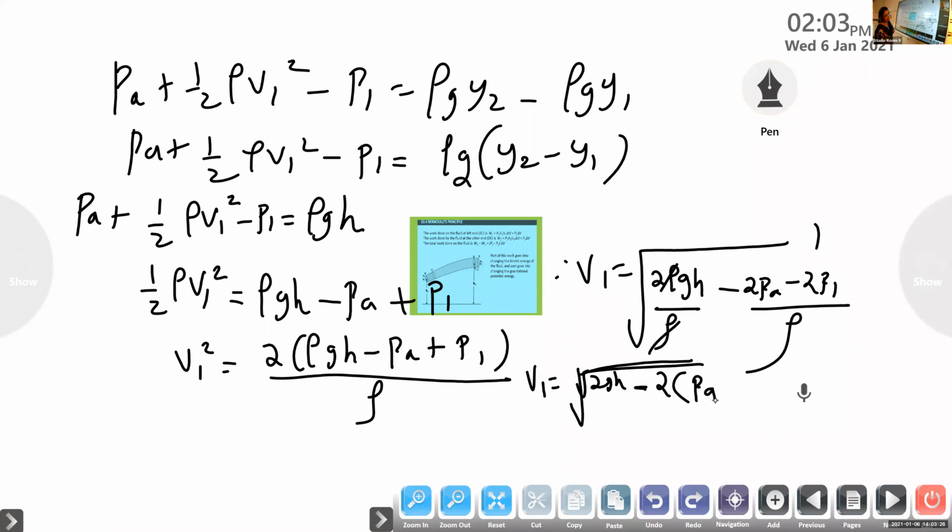Is it plus will come or minus? Minus 2 into. Ma'am, it should have been plus, right? It should be plus. Yeah. Minus. Yeah, it should be plus P1. Correct, no? Divided by rho. Rho is only for this. Ma'am, previous step also, minus 2 P1 by rho in the above step. Okay, minus P1 by rho. No, I have taken this PA and P1 together after taking minus 2, correct?